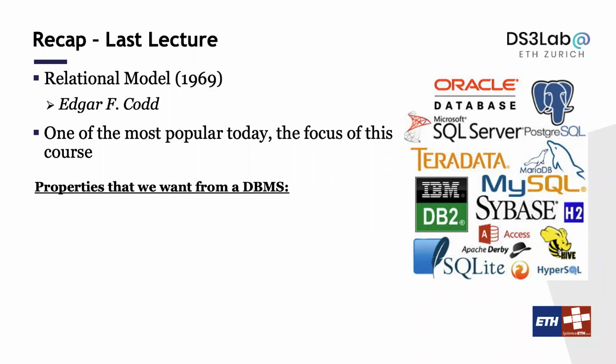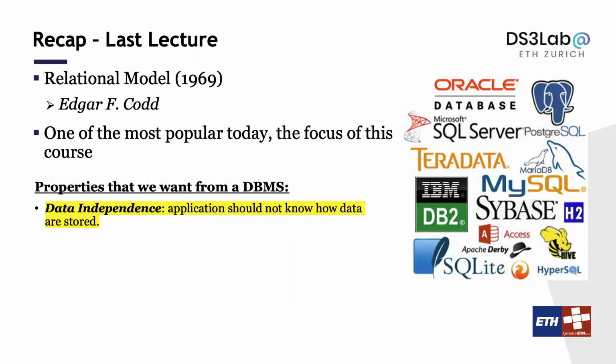Let's also recap the properties that we want from a database management system. The first property is data independence. What do we mean by that? When you are building an application, you should not really need to know how data are being stored. Maybe the data are stored row by row, maybe column by column.